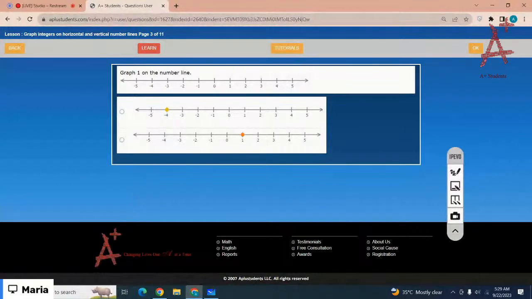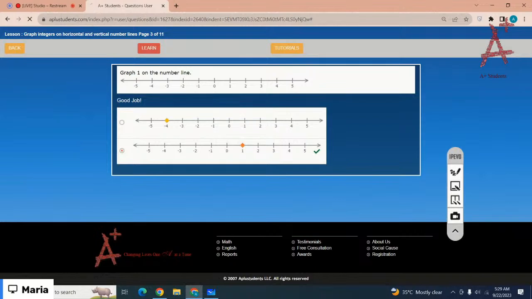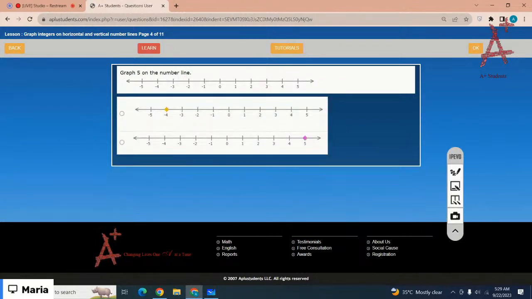Graph 1 on the number line. Which is the correct option, 1 or 2? That would be the second option. That would be the easiest chapter, I think. The second one is the correct option. You have to graph 1. Okay, graph 5 on the number line. So which is the correct option? How do you graph 5?